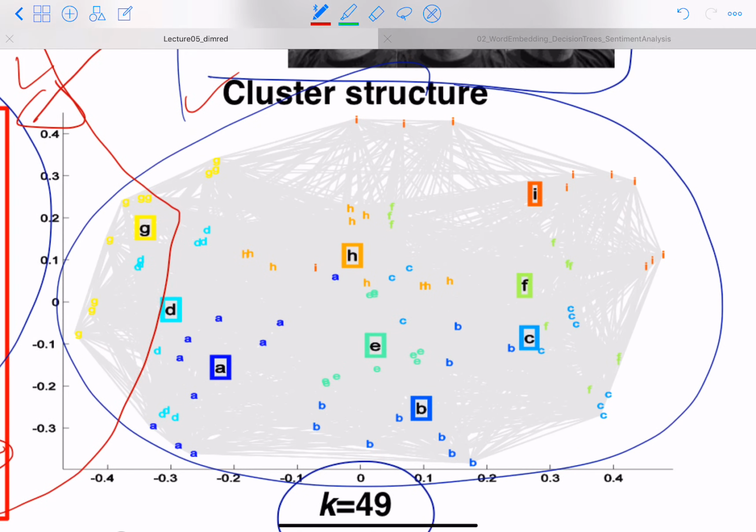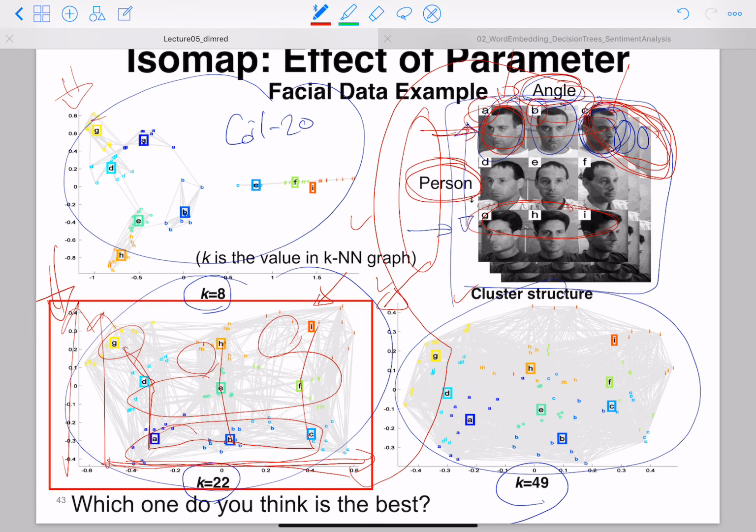But in this other case, ABC is curved, and DEF too, so we can see this kind of curved structure, right? And we can see this kind of warped, distorted grid of points over here, right? In this case, k is set to too large a value, so it is certainly creating the short-circuiting problem.